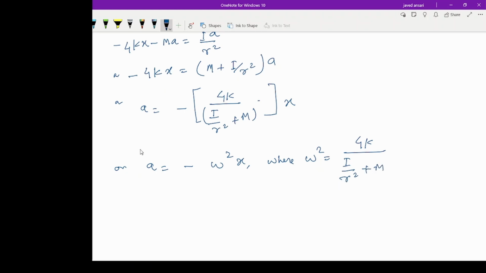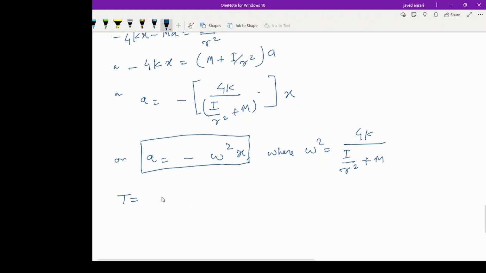So what is this? This is the equation of simple harmonic motion, right? So using this, the time period of the simple harmonic motion is 2 pi by omega, which is nothing but 2 pi times the square root of (I by R square plus m) divided by 4k.